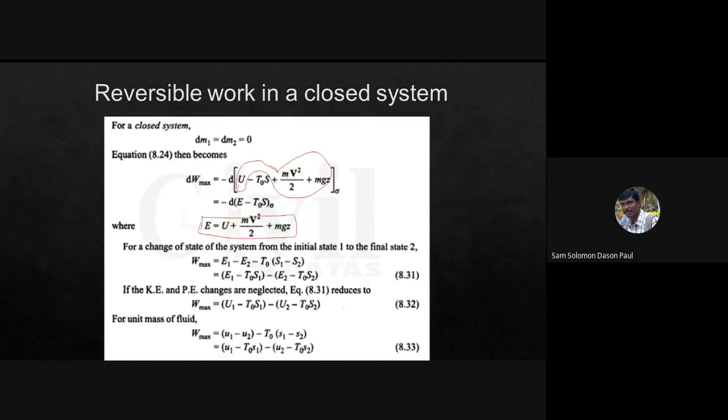E is equal to U plus mv squared by 2 plus gz. So that makes E minus T naught S. So W max is simply E1 minus T naught S1 minus E2 minus T naught S2.